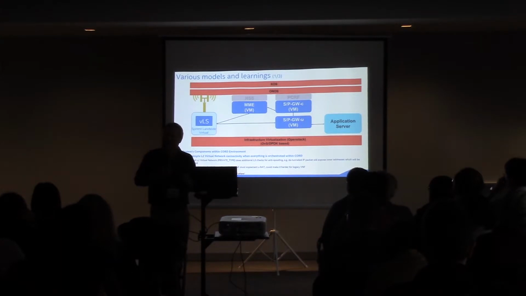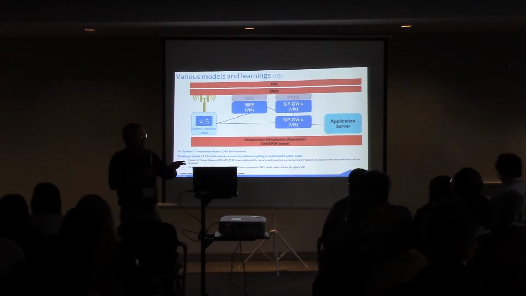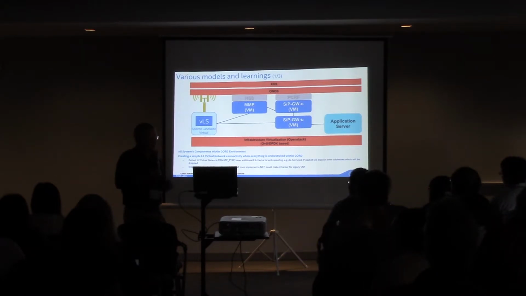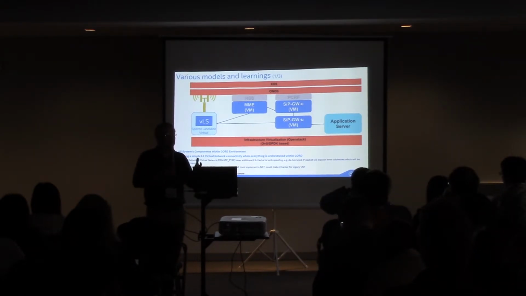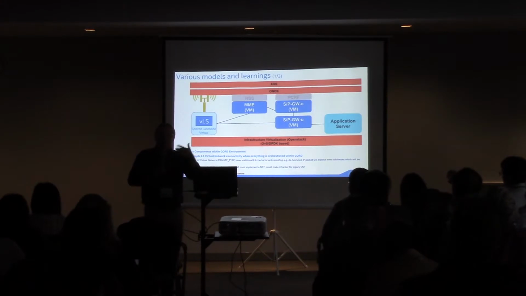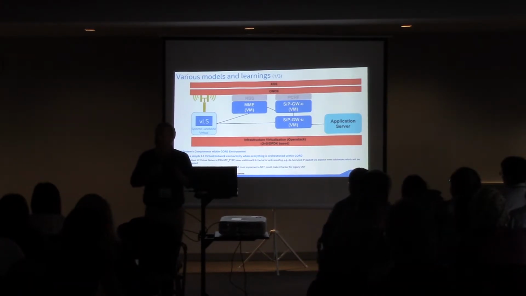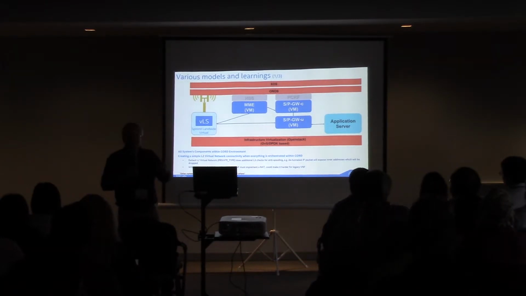However, to do this, you need to create what we call a very simple L2 virtual network connectivity, which is a little bit different from the one available by default on CORD today. The CORD private type virtual network today does a little bit more than L2 connectivity only. It also enforces L3 anti-spoofing.